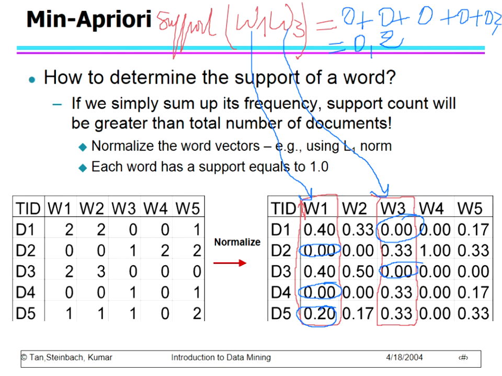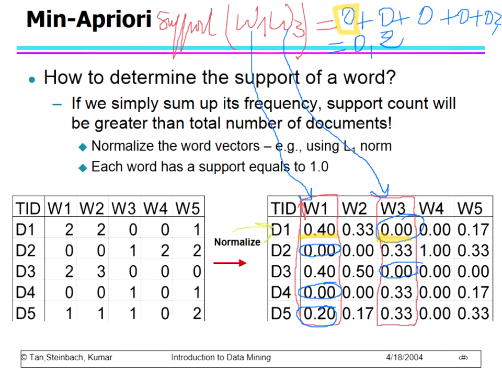For each document we make a comparison of the support of W1, for example for document number 1. For document number 1, the support of W1 equals 0.4, the support of W3 equals 0.